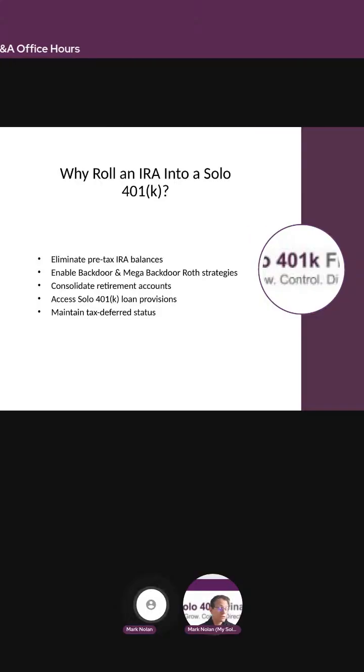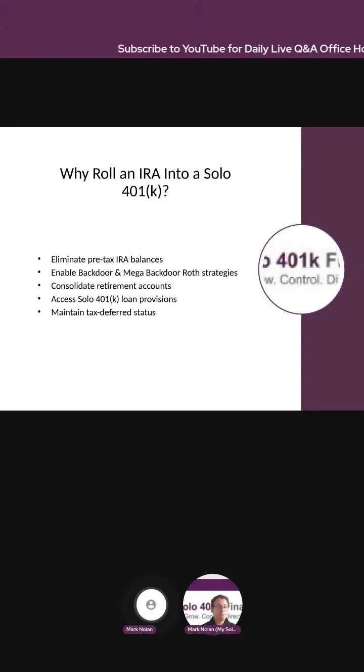And they also want to transfer their IRA to a solo 401k plan that allows for the mega backdoor Roth strategy. They also want to be able to take a loan from their solo 401k, because once those IRA funds are transferred to the solo 401k, they are no longer considered IRA funds. They essentially morph into solo 401k funds. And unlike an IRA, the solo 401k plan rules allow you to take what's known as a solo 401k participant loan, where you can borrow 50% of your solo 401k balance, not to exceed $50,000.